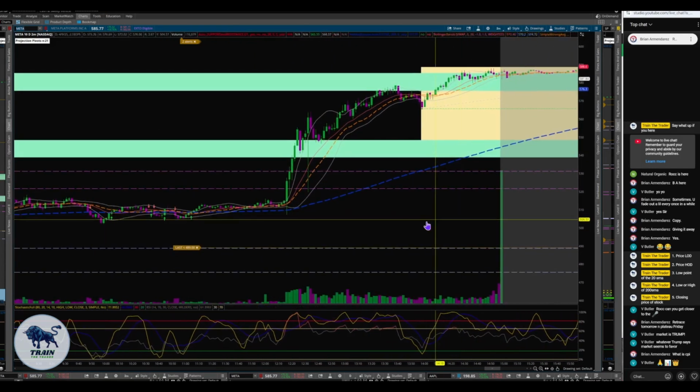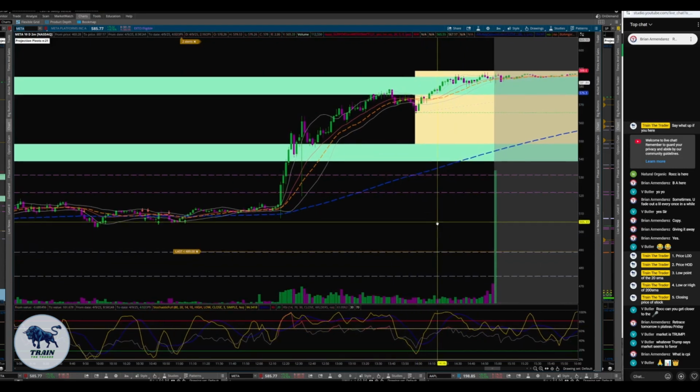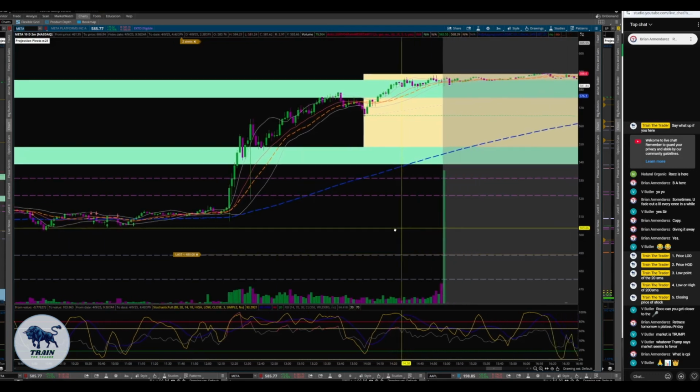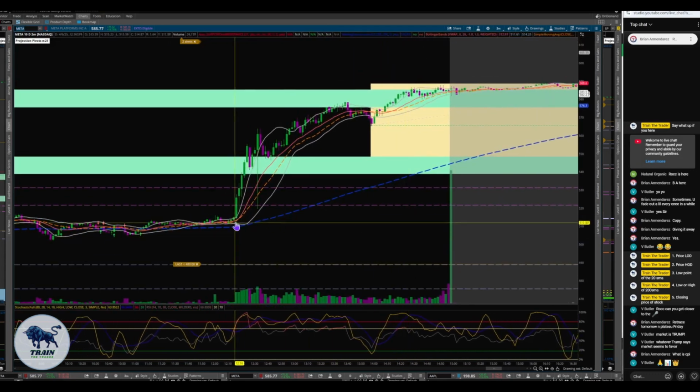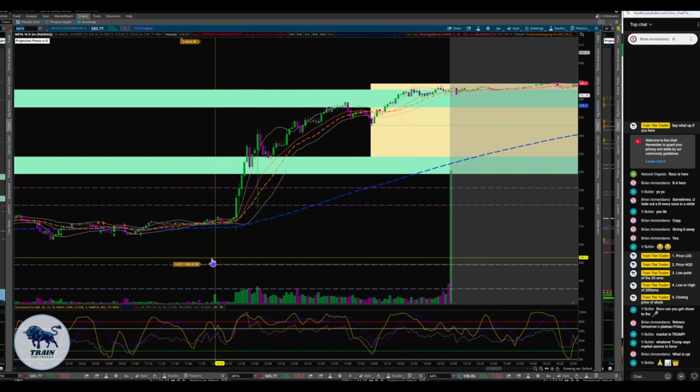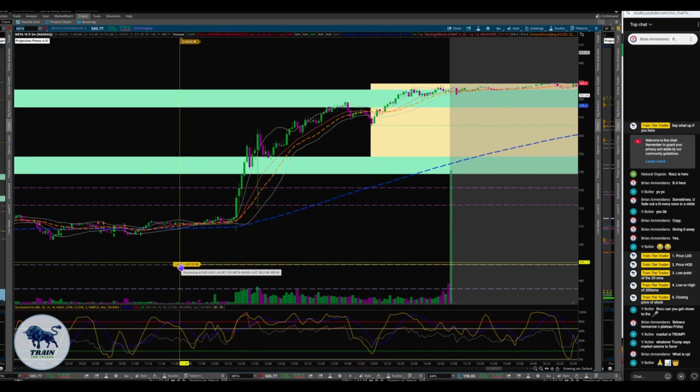Anybody, tell me where the retest level is on Meta from the move we made today. What, 500? 505. Go on YouTube and type it in the chat.